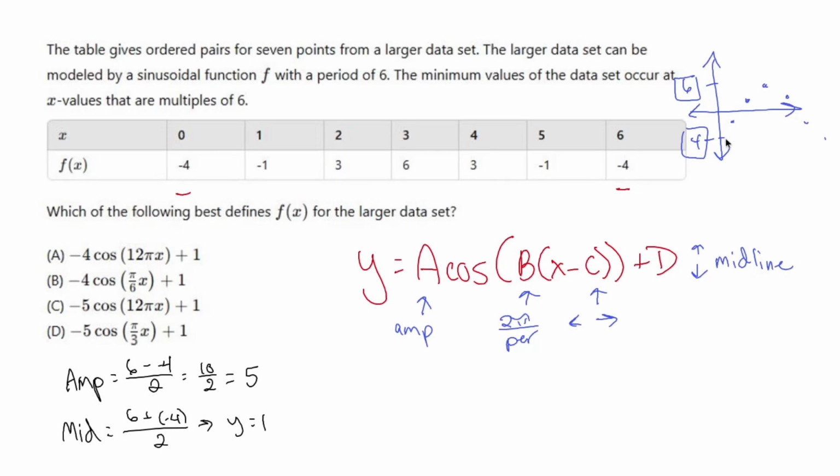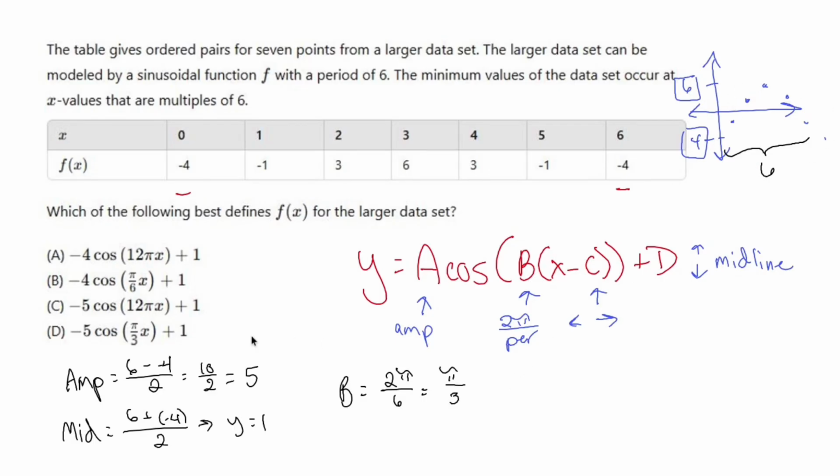Now, if I go up and then down, okay, this is my period right here. My period goes from 0 to 6. So in order to find B, B is going to be 2 pi over 6, which is pi over 3.